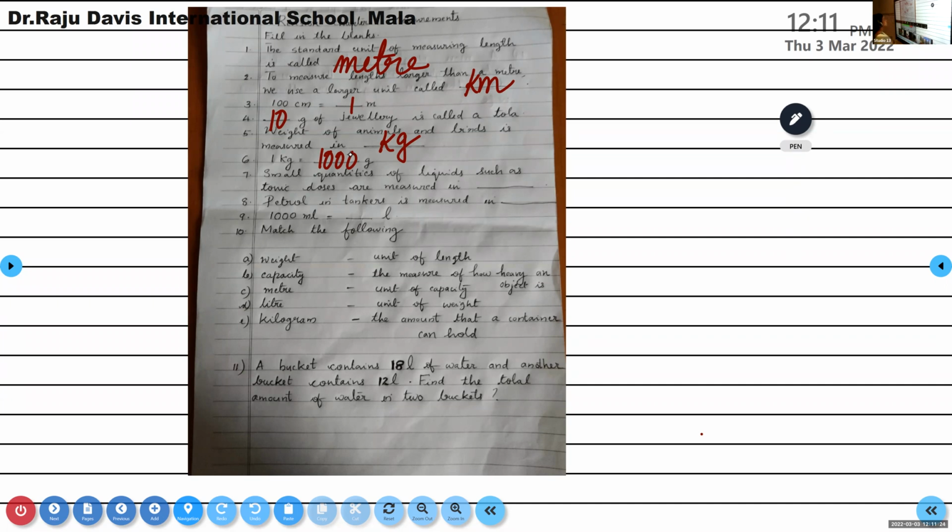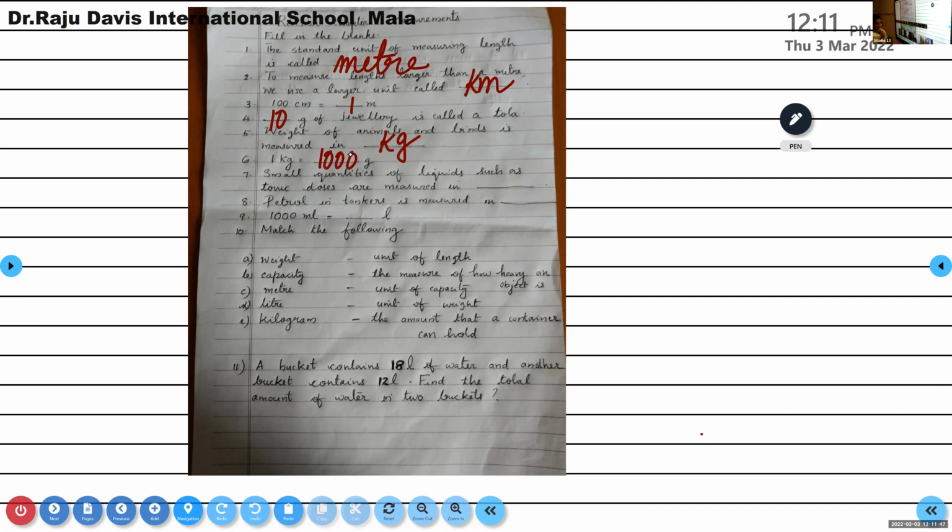Suresh, 7th question. Small quantities of liquids such as tonic doses are measured in dash. Small quantities like medicines we are having, no? Which unit will we use to measure tonic and all?